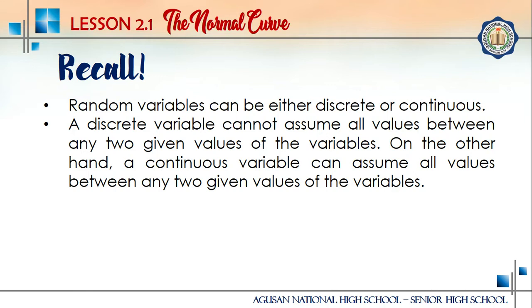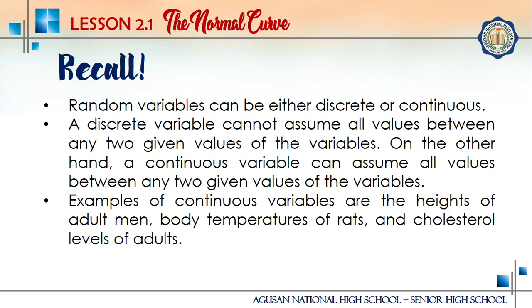On the other hand, a continuous variable can assume all values between any two given values of the variables, meaning it is infinite. And these are examples of continuous variables: heights, weights, temperatures, cholesterol levels, blood pressures, and many more.